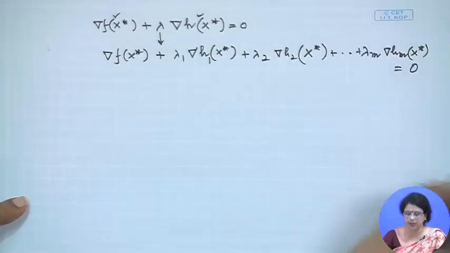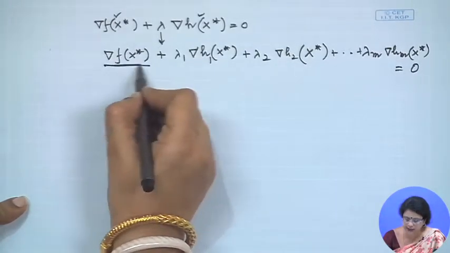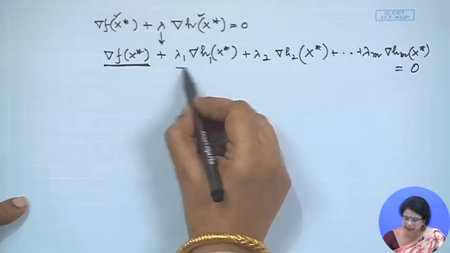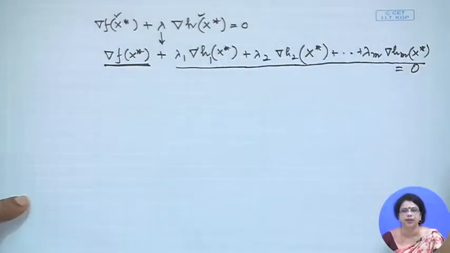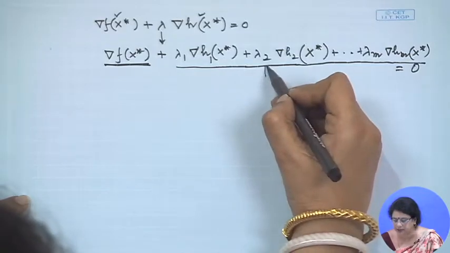That is why can we not say that the gradient of the objective function can be written as a linear combination of the gradient of constraints? Therefore, we need to understand what is the meaning of it, what is the meaning graphically.